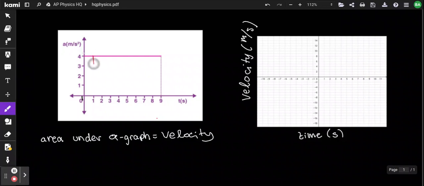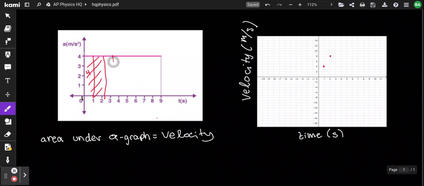For 1 second, we have an area of 4, telling us that for 0 to 1 seconds, we have 4. And then from 0 to 2 seconds, which is going to be this, that's going to give us a velocity of 8 at 2 seconds.